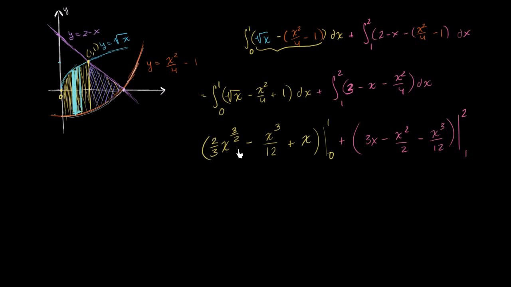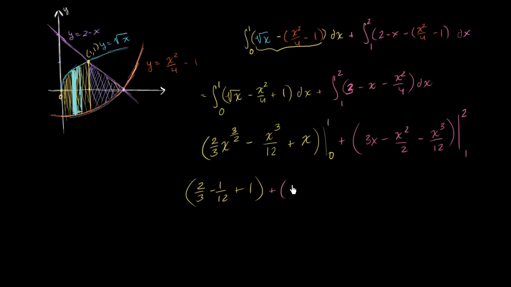Over here, you evaluate all of this stuff at 1. You get 2/3 minus 1/12 plus 1. And then from that, you subtract this evaluated at 0, but this is just all 0, so you get nothing. So this is what the yellow stuff simplified to. And then for this purple stuff, first you evaluate it at 2.